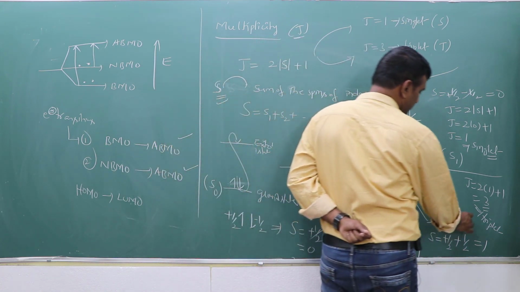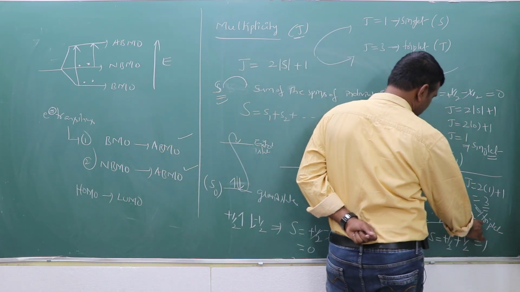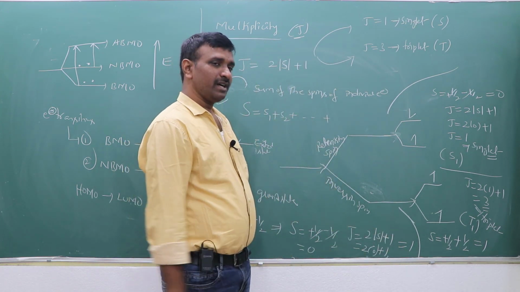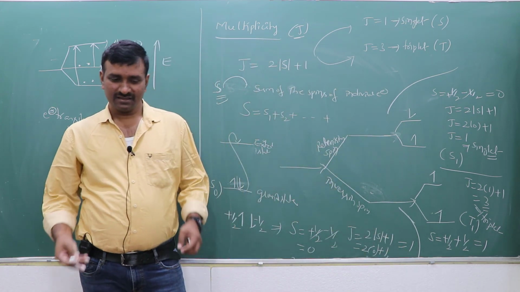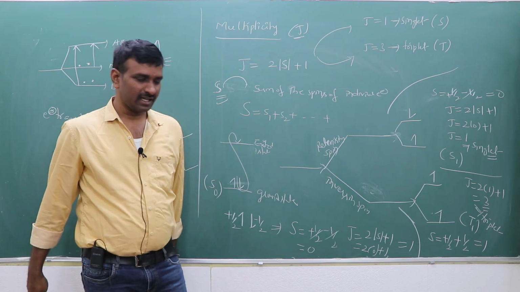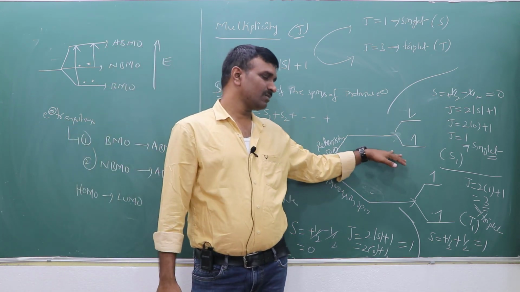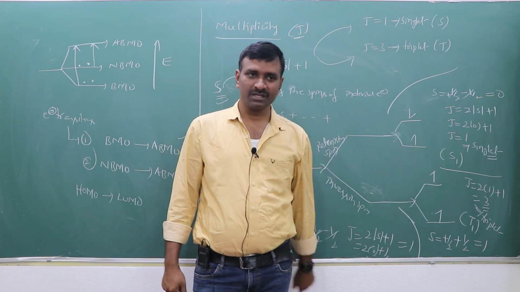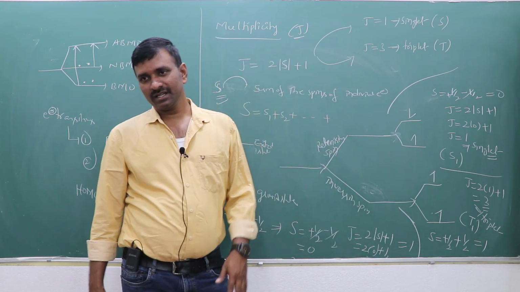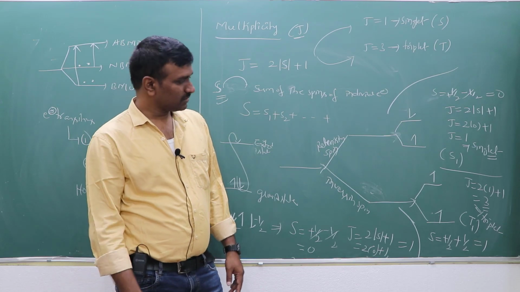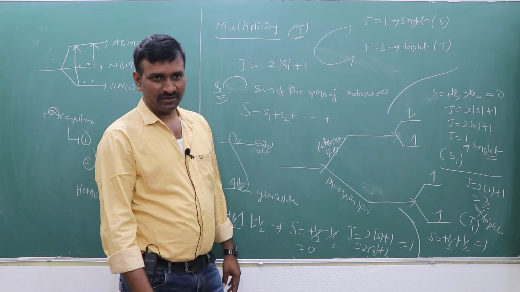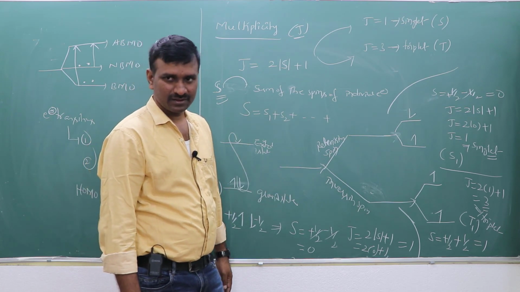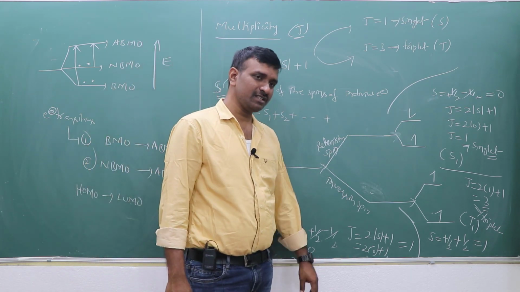So we may consider it as the T or T1 level. Even in the comparison of energies between the singlet S1 level and the T1 level, the S1 level has somewhat higher energy compared to the T1 level, according to Hund's maximum multiplicity rule. Singlet levels are more energetic than the triplet state.